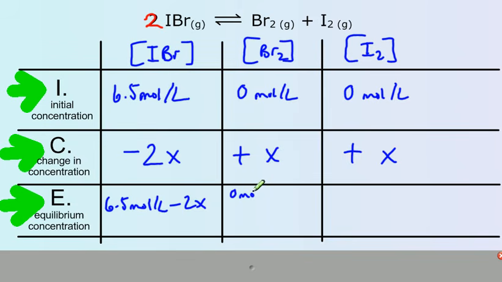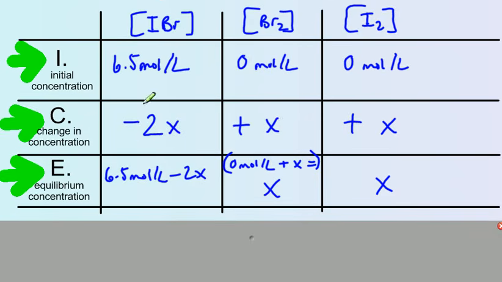So I'm going to write it out. 0 moles per liter plus x equals x. You don't have to write that out if the initial concentration is 0, but you can. So at equilibrium, the concentration of IBr will be 6.5 moles per liter minus 2x, and the concentration of Br2 and I2 are equal to some value x. So x is standing for a concentration that we just don't know what it is yet.